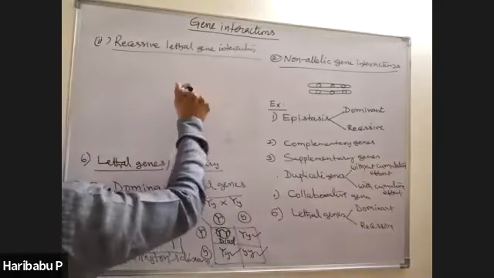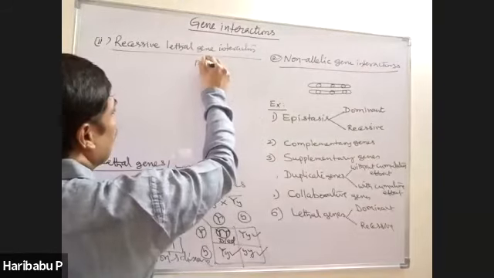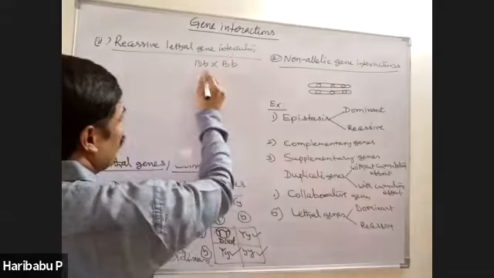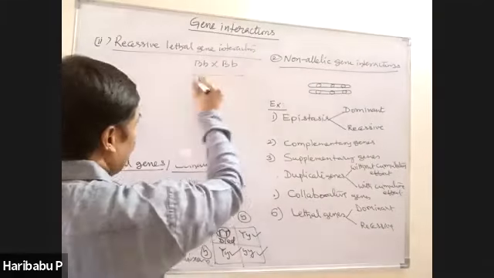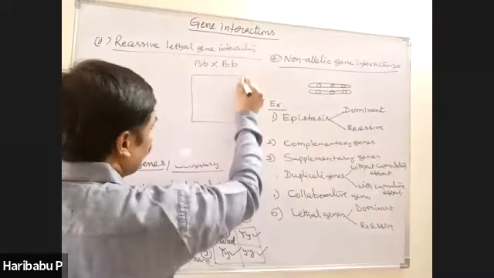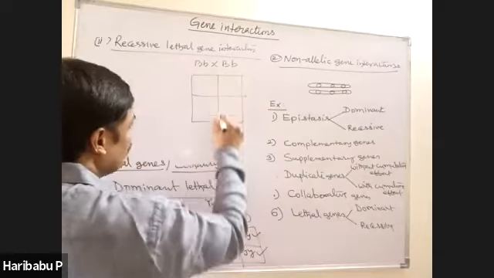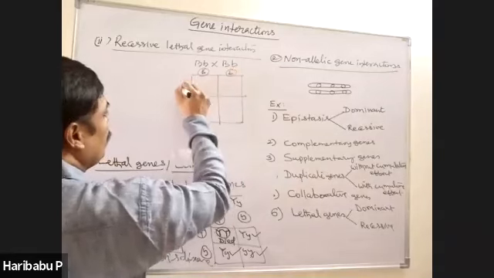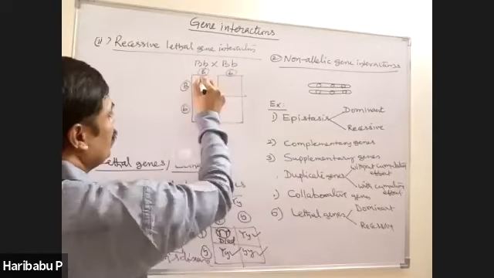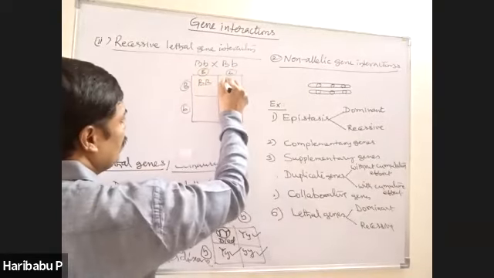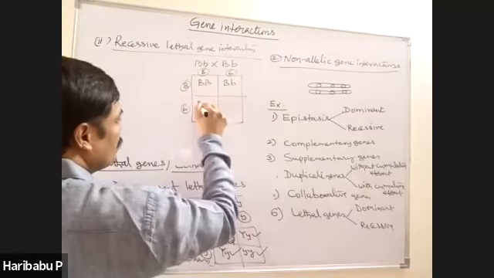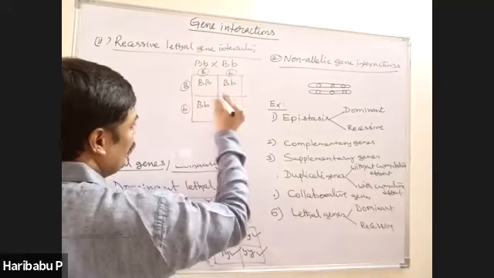For example, see capital B, small b, capital B, small b, heterozygous individuals. When you cross them, you will get capital B capital B, capital B small b, capital B small b, small b small b.